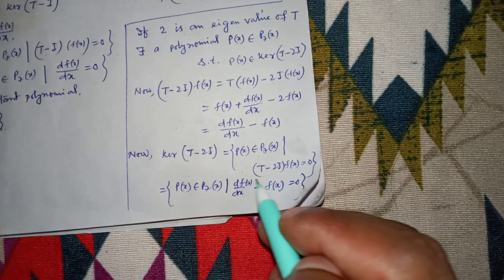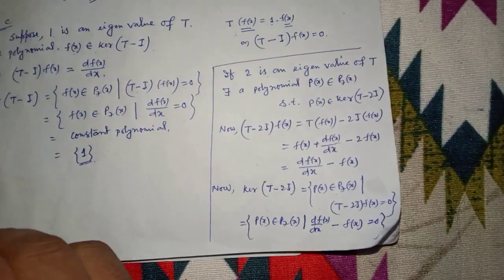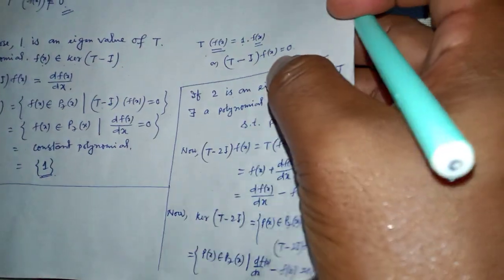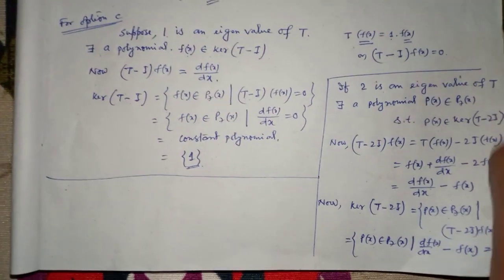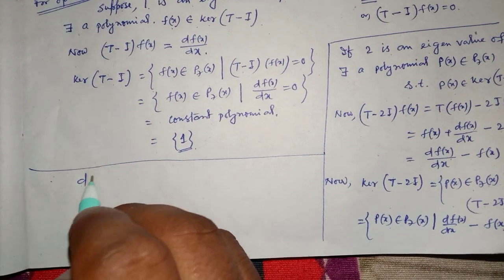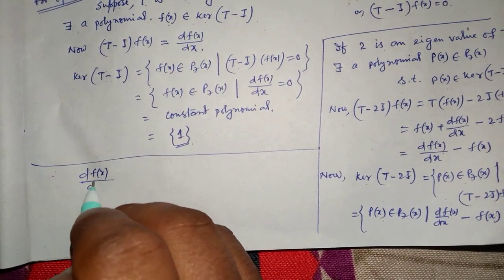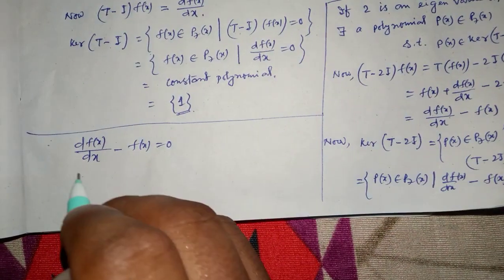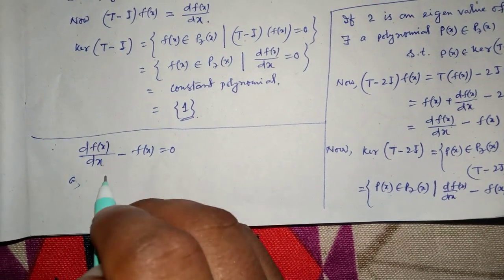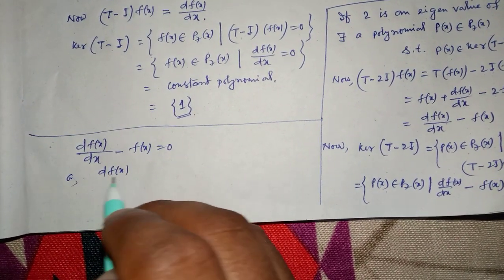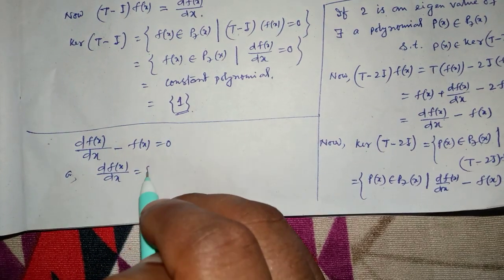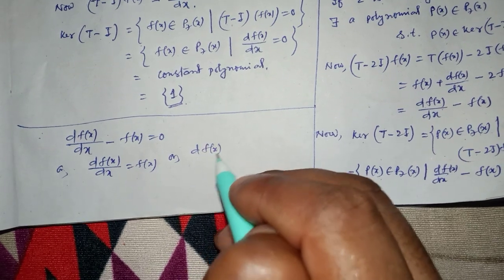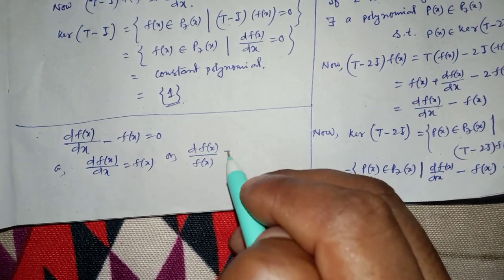Now we solve the differential equation. df(x)/dx minus f(x) equal to 0, or df(x)/dx is equal to f(x), or df(x)/f(x) is equal to dx.